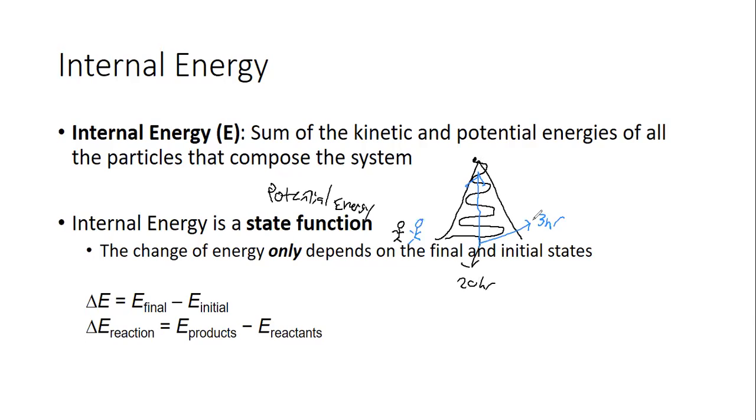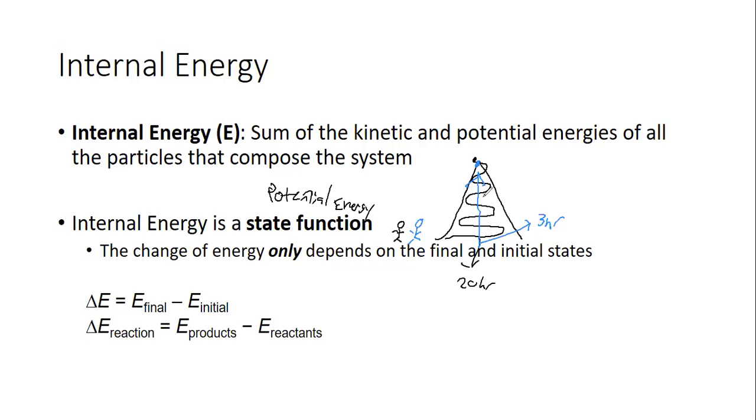If we're talking about potential energy, the change in potential energy for both people is the same, since they're at the same points of the mountain. They started at the same point and they ended at the same point. So a state function is that the change does not matter on the path. You can take any path that you want.